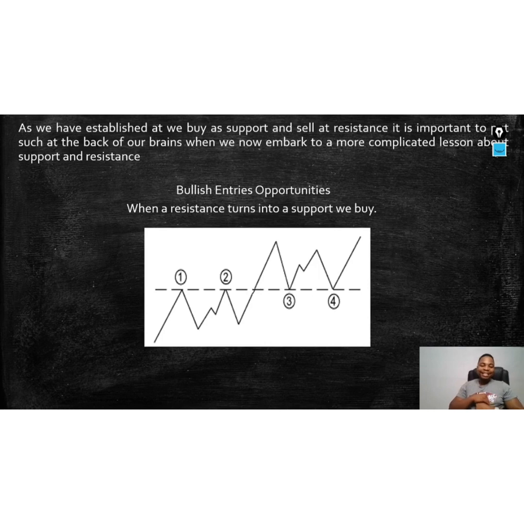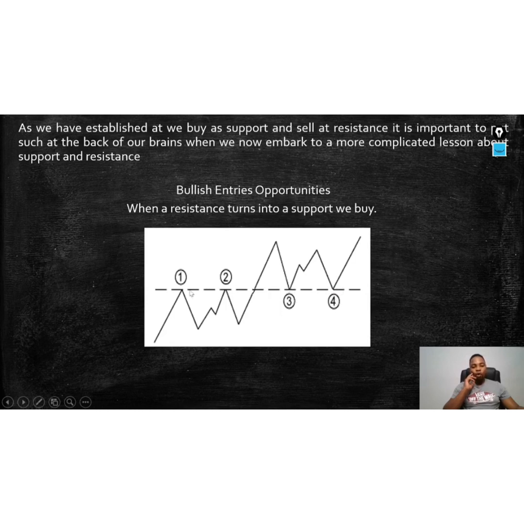When it comes to bullish entry opportunities, where do we find them on support and resistance? When a resistance turns into a support, we buy. As you can see from this position, number 1, number 2, number 3. At number 1 and number 2, we have the so-called resistance level, and the same resistance level turned into a support level at number 3 and number 4.